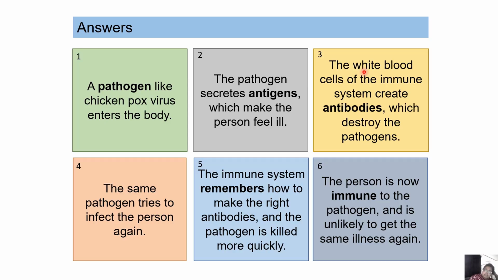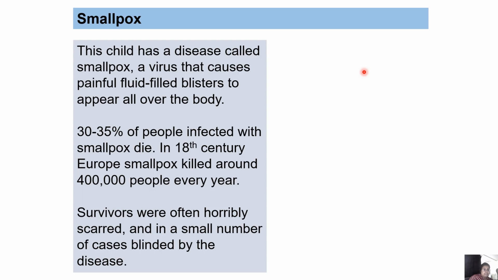Fourth, the same pathogen tries to infect the person again. Fifth, the immune system remembers how to make the right antibodies and the pathogen is killed more quickly. Sixth, the person is now immune to the pathogen and is unlikely to get the same illness again.